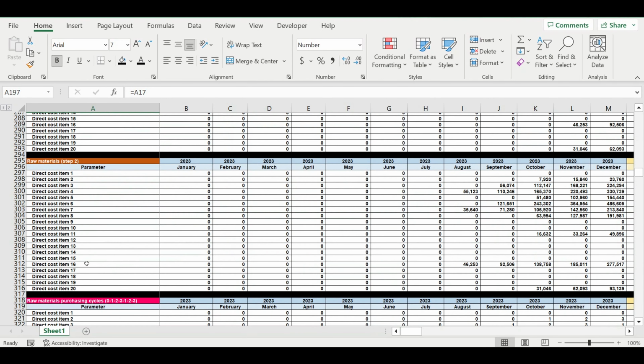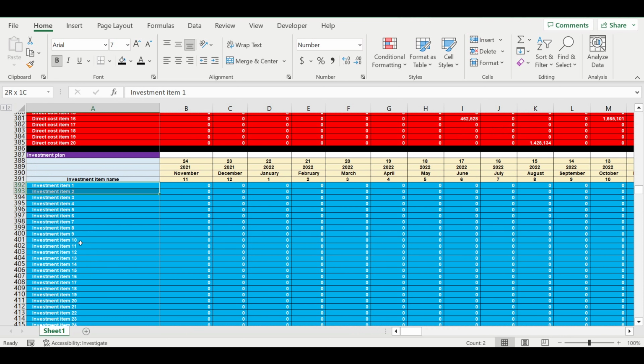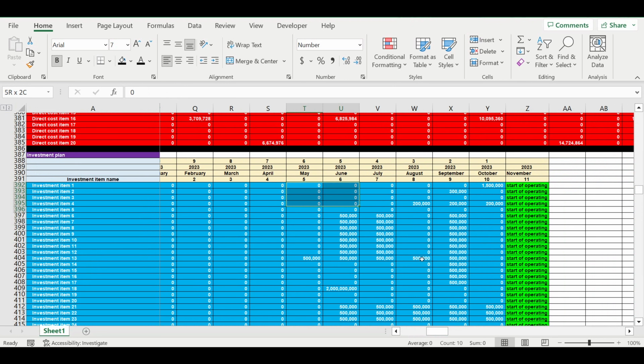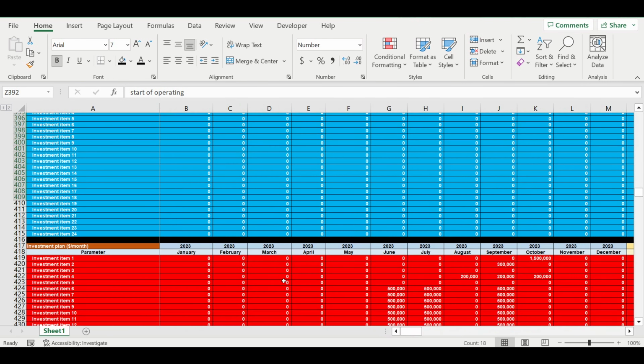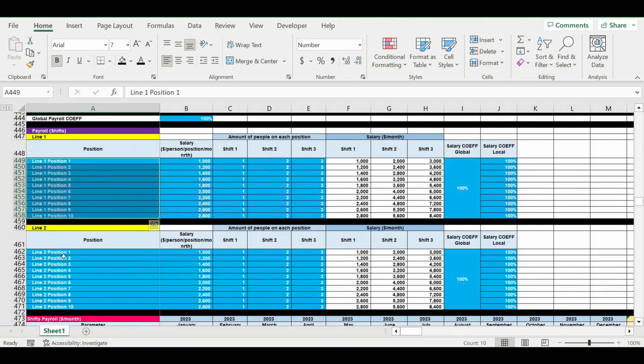We moved to investment, and we described when and what we invest in during the investment stage before operating activity starts. Then we started describing the payroll which is linked to line 1 and line 2, depending on how many shifts each line works.